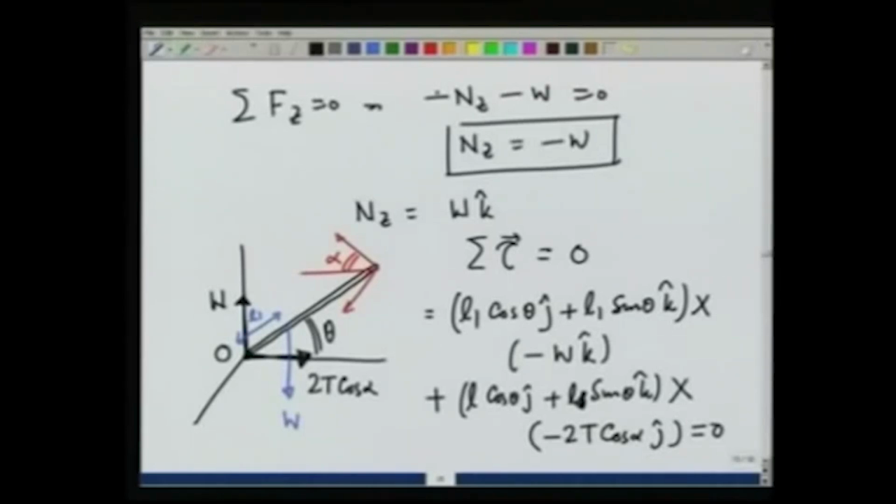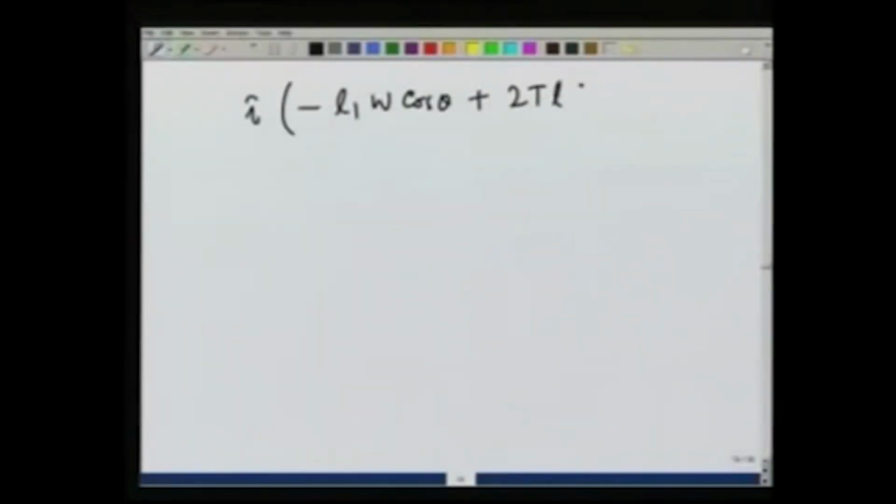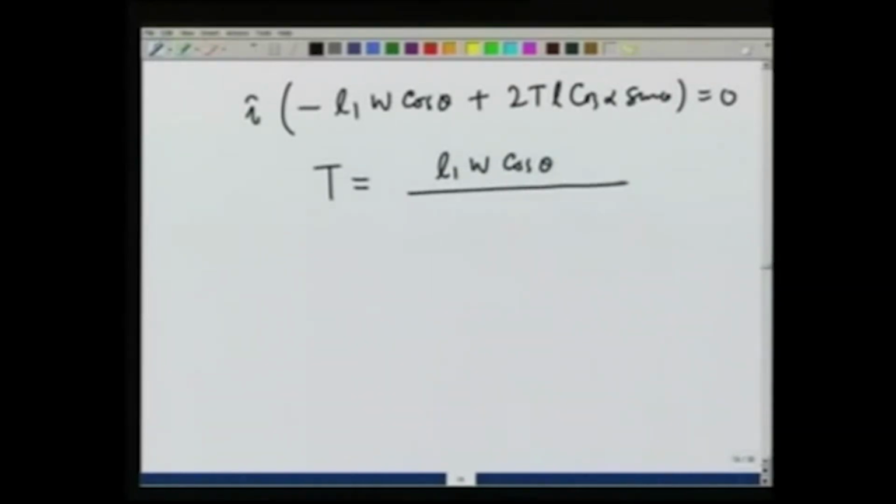So, it gives me plus 2 T L cosine alpha sine theta. This is also in i direction, and this is equal to 0, and that gives me T is equal to L1 W cosine theta divided by 2 L cosine alpha sine of theta.